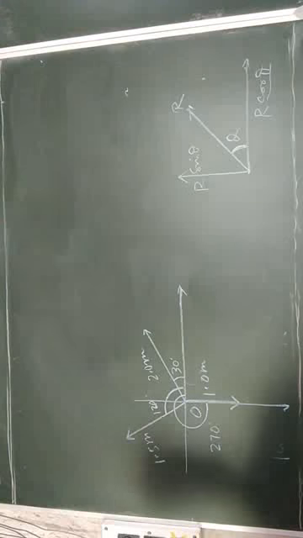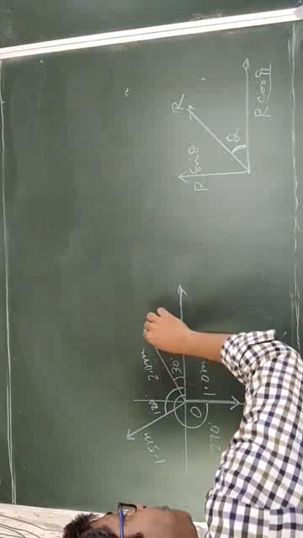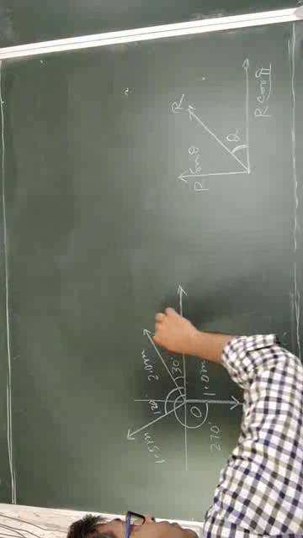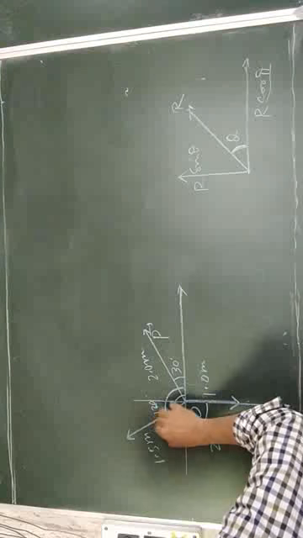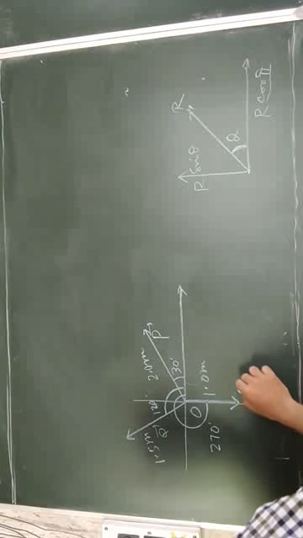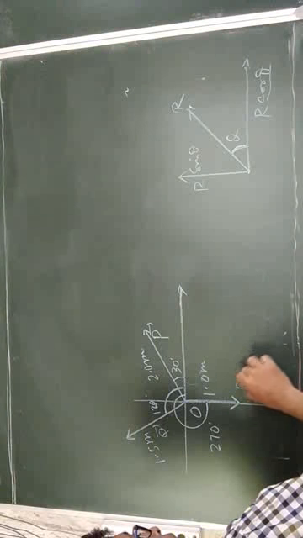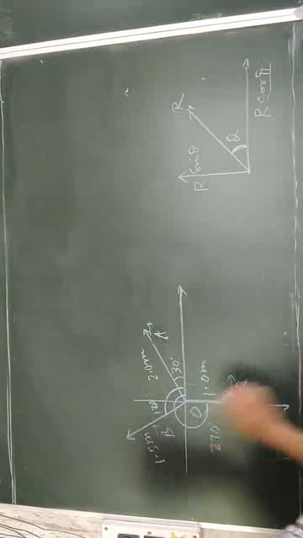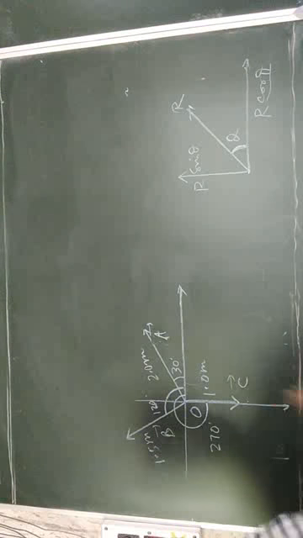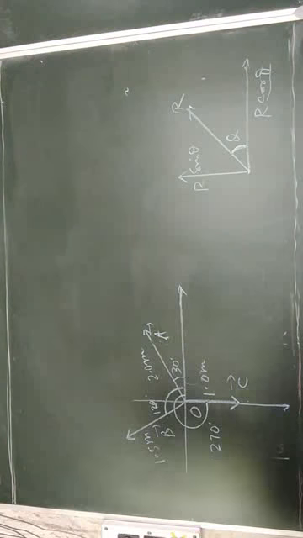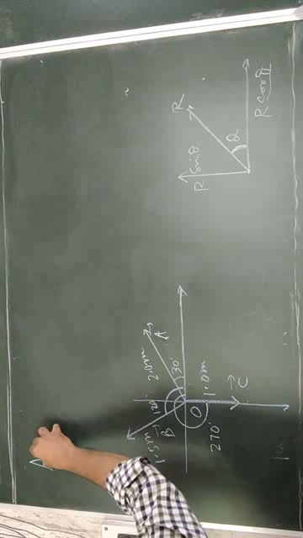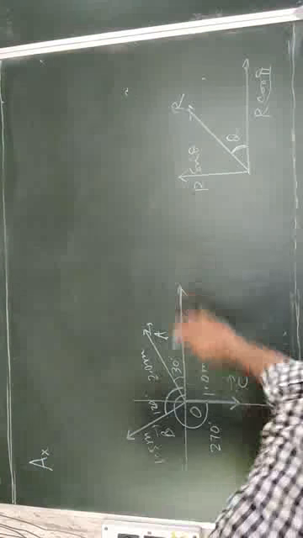So if you name them as P vector, Q vector and R vector, or A vector, B vector, C vector, it is better. So A makes an angle of 30 with x-axis. So what is the component along x-axis of A?